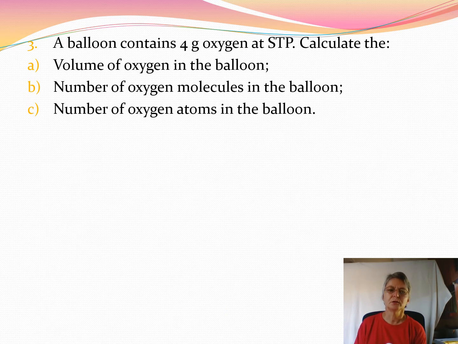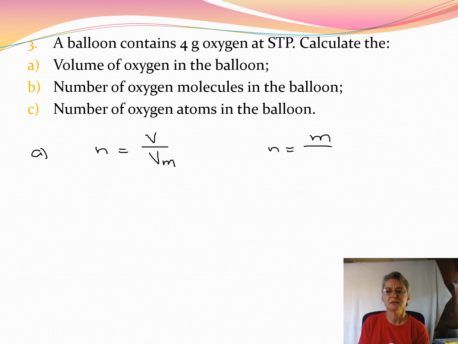Example 3. A balloon contains 4 grams of oxygen at STP. A. Calculate the volume of the oxygen. So the mole equals volume divided by molar volume. But I don't have the moles, I have the grams. So to get moles, it's the grams, the mass, divided by the molar mass of oxygen.